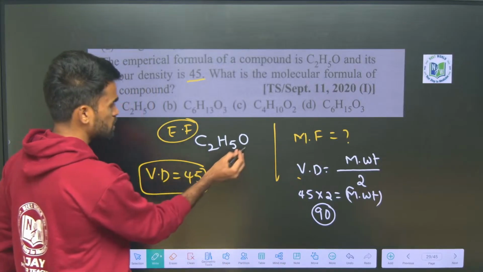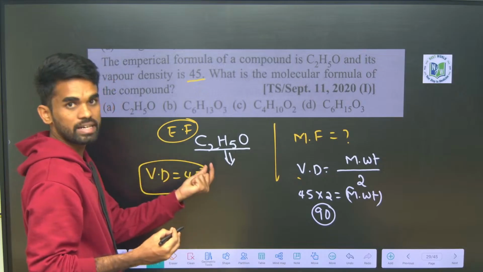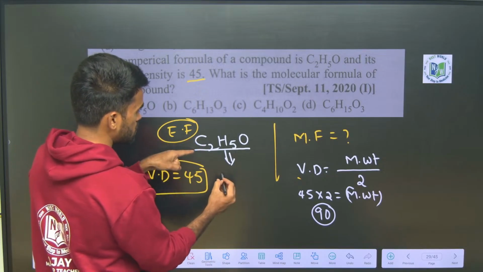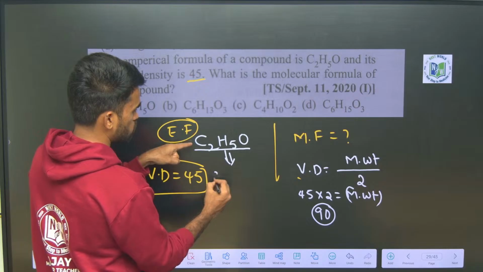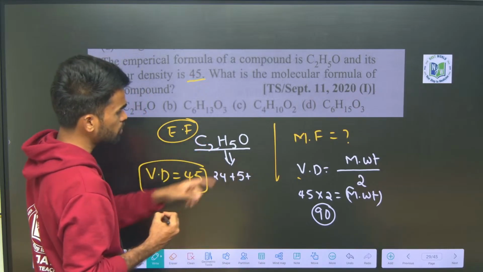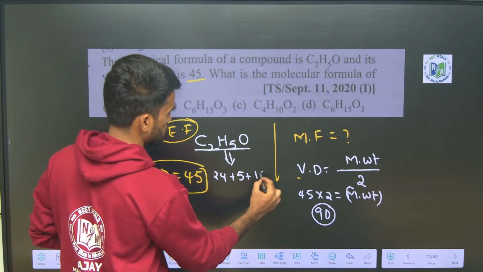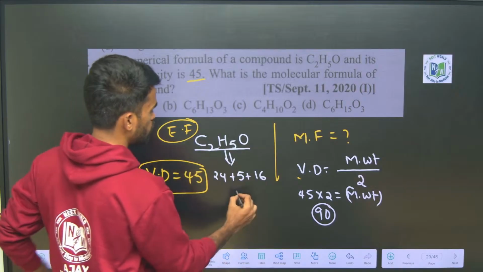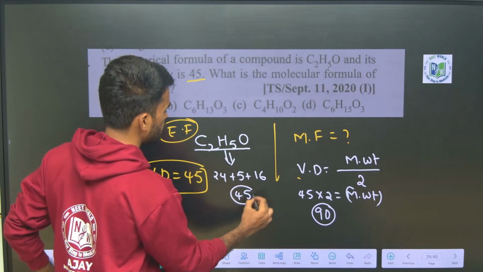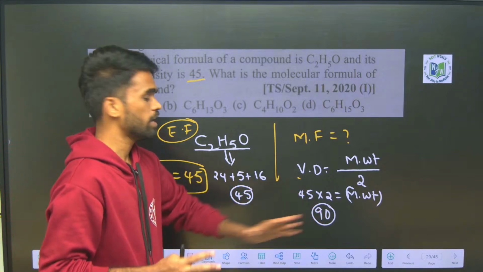Okay, so now you got the molecular weight of the compound. Similarly, from this empirical formula, you will get the empirical weight. See, 2 carbons means 2 into 12, that is 24, plus 5 hydrogens, plus 1 oxygen atom, which is 16, right? So 30, 40, 45. The empirical formula weight is 45 grams. Molecular weight is 90.